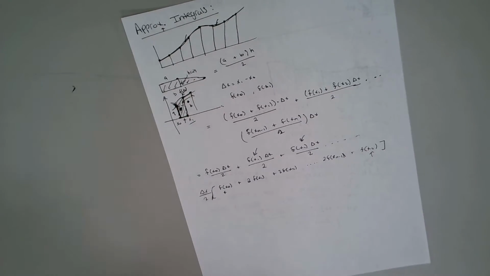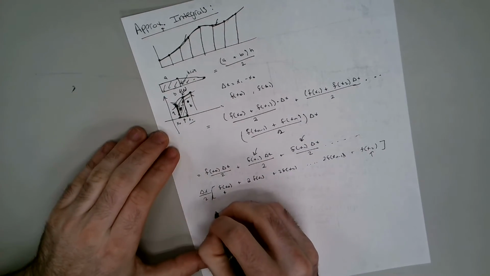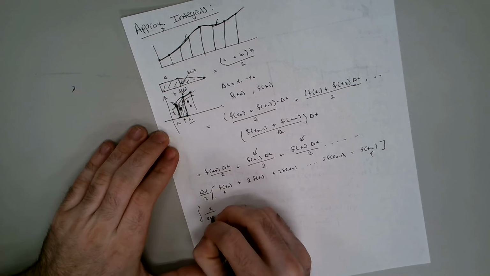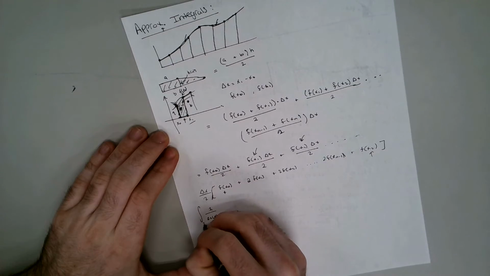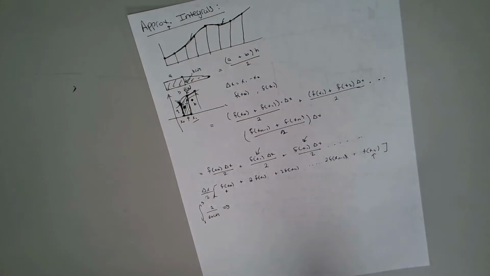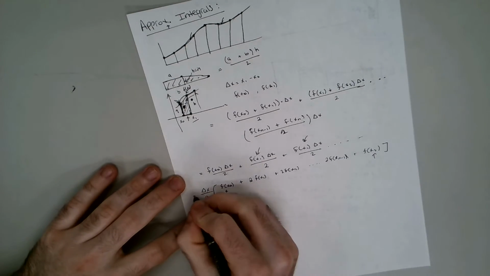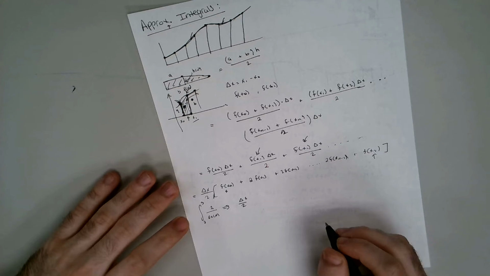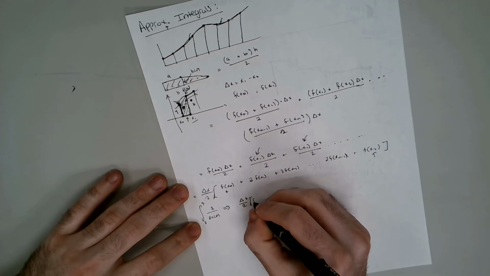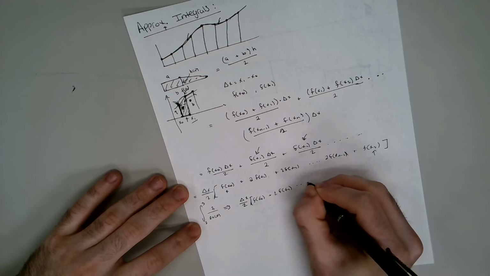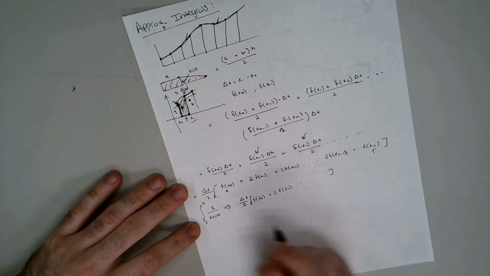So doing that, let's take the same function we had last time. We want to integrate 1 over ln of x from 2 to 3. And then we want to say, okay, well, now we're going to use the trapezoid rule. We've gotten the general formula, delta x over 2 times f of x naught plus 2 f of x1, and so on.